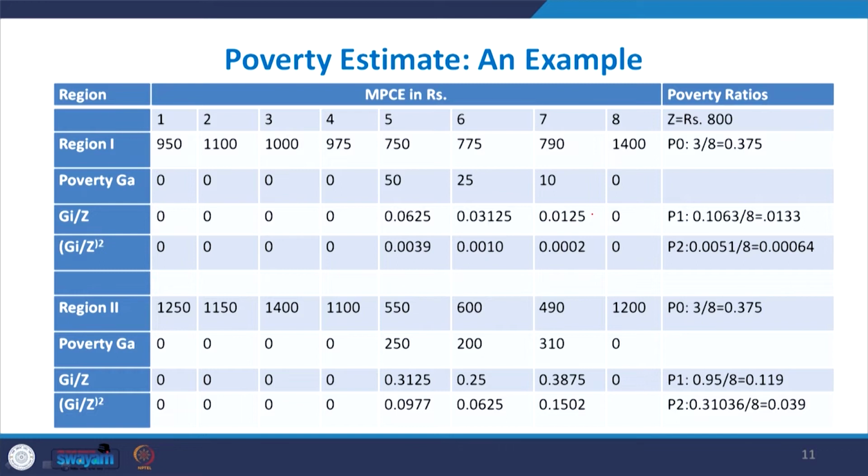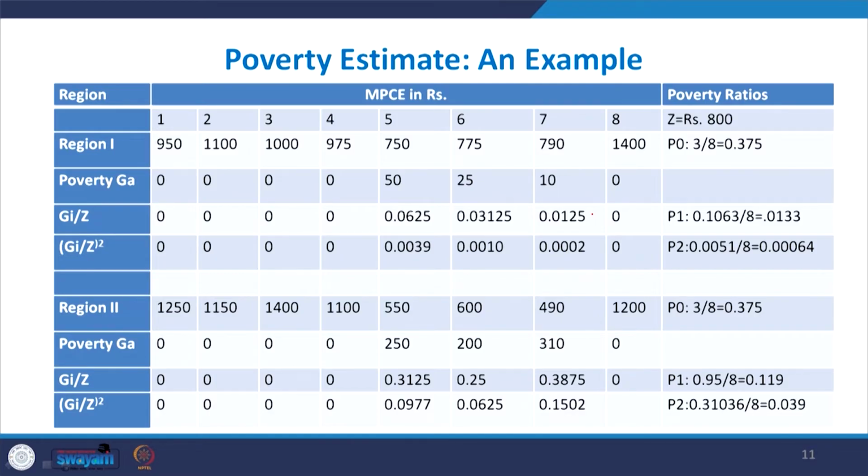So, in that case we have household numbers 5, 6 and 7. These 3 households have per capita consumption expenditure below 800.